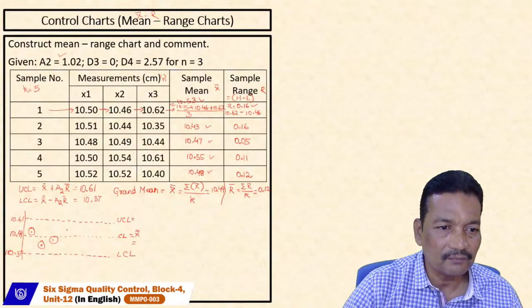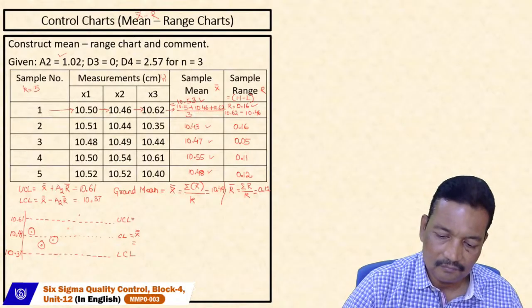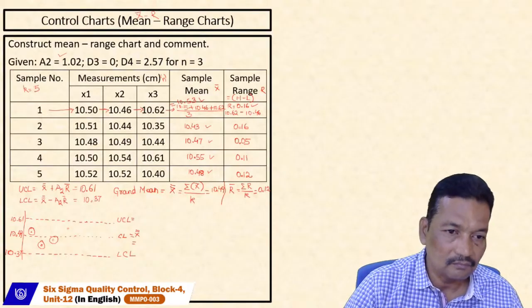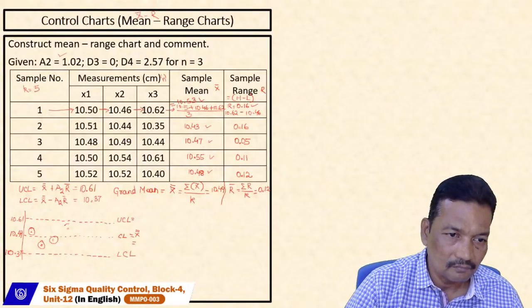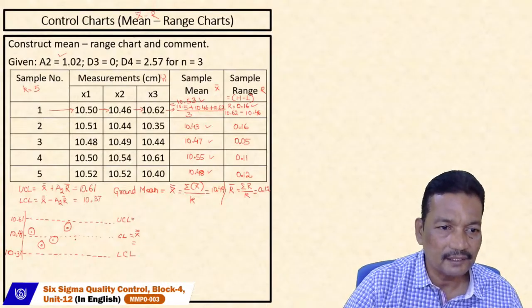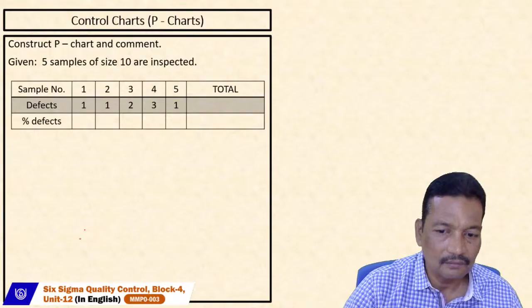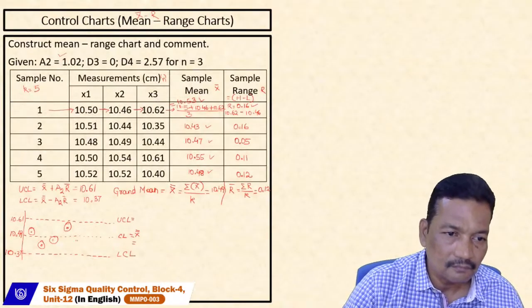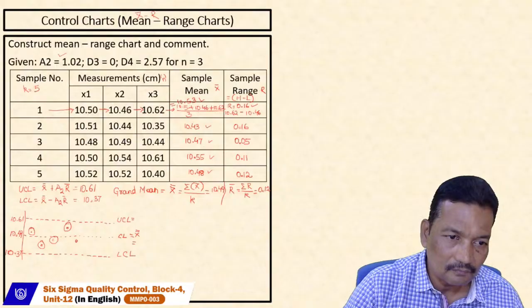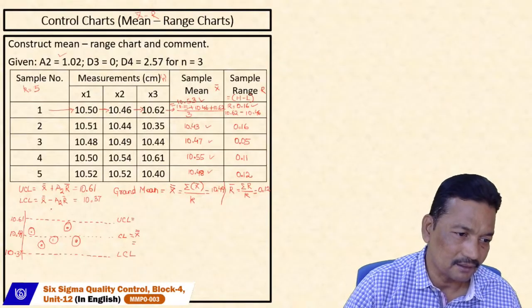Then 10.55 goes upwards. Then 10.48 is somewhere suppose here. I have got all the 5 points for individual samples.